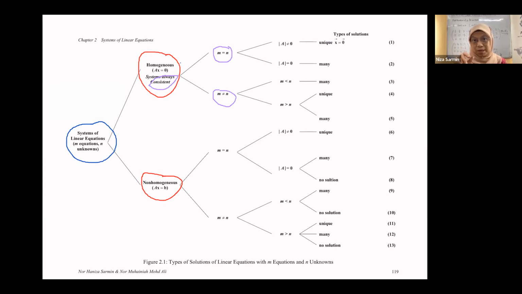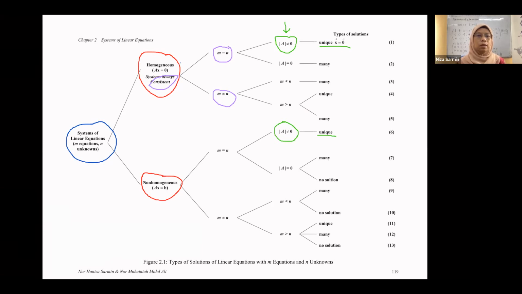we can find the determinant, right? So when the determinant is not equal to 0, then the solution is unique. Okay, for this column here, when the case m equals n, every time you see the determinant is not 0, you will always see a unique solution.